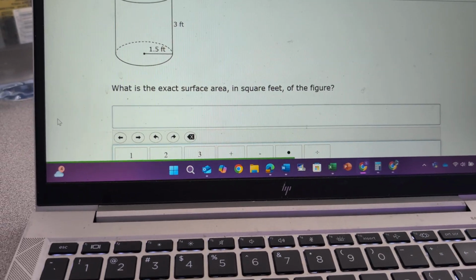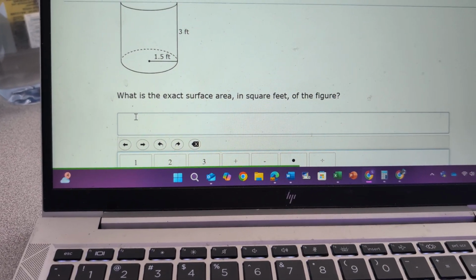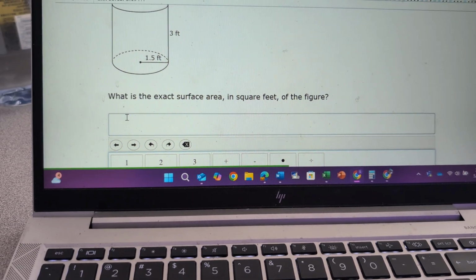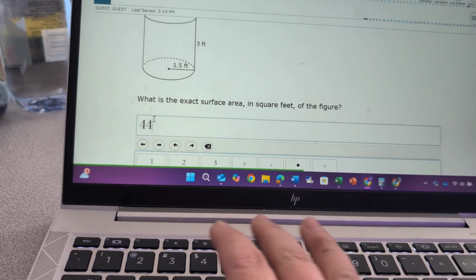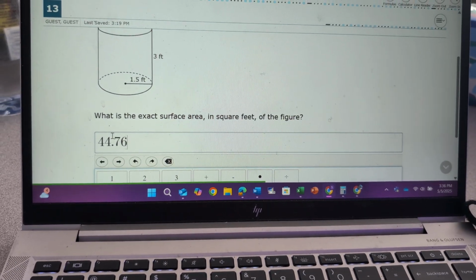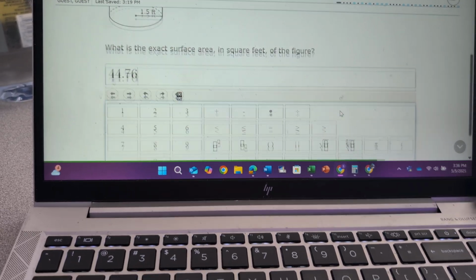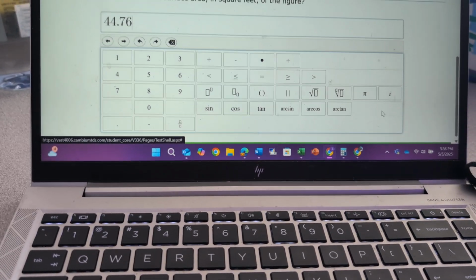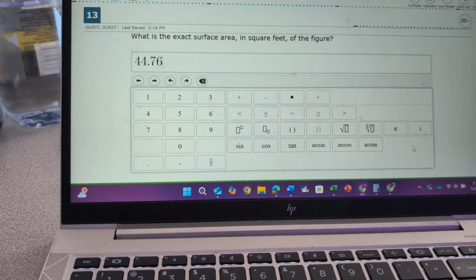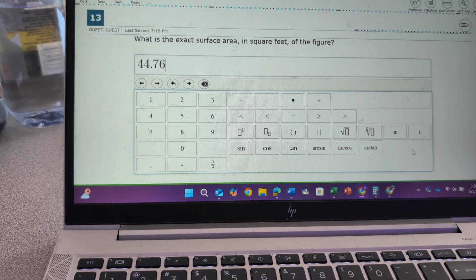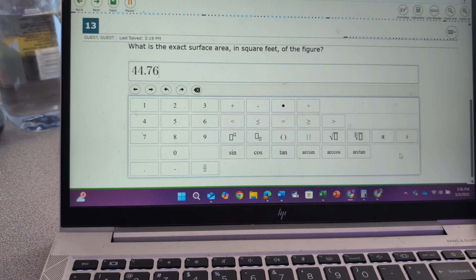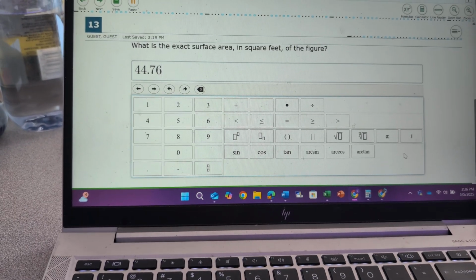What is the exact surface area in square feet of the figure? 44.76. I might need to ask a geometry teacher though, because if they're saying exact, do they want us to put this in terms of pi? I'm kind of thinking so.